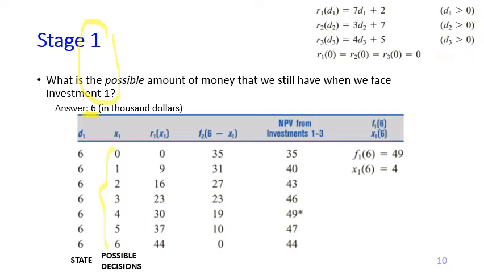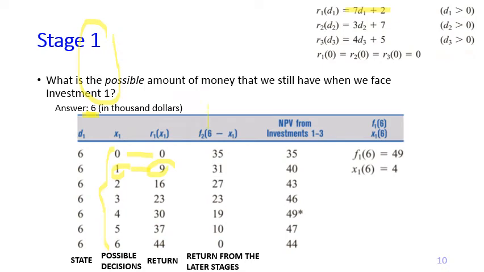For each of these decisions, you calculate the return for investment 1. For example, if I spent $1,000, the return would be 7 times 1 plus 2 equals 9. Do not forget to add the return from the later stages, which means plus F2 of something.